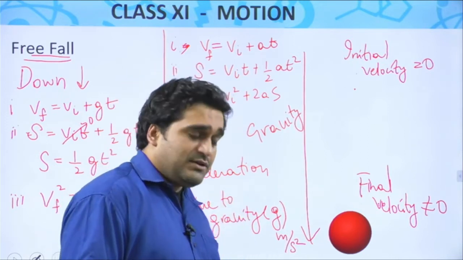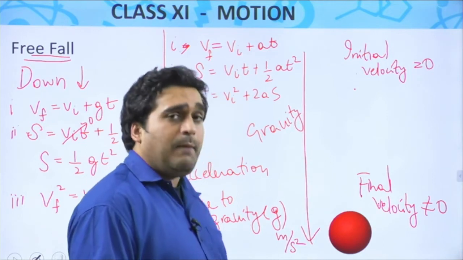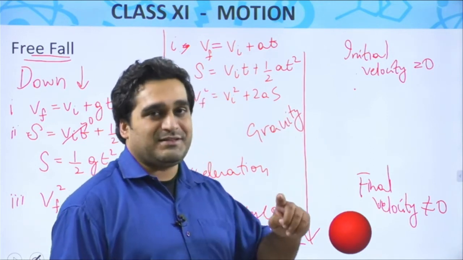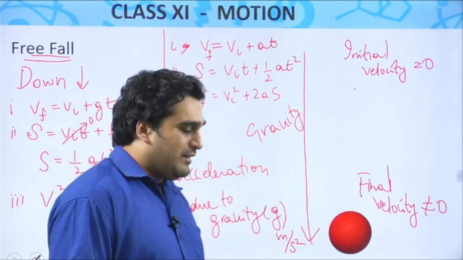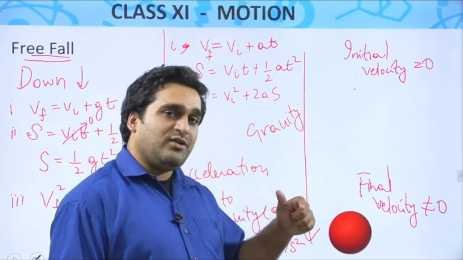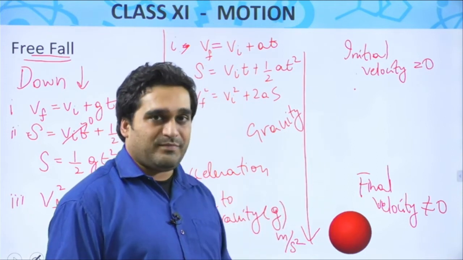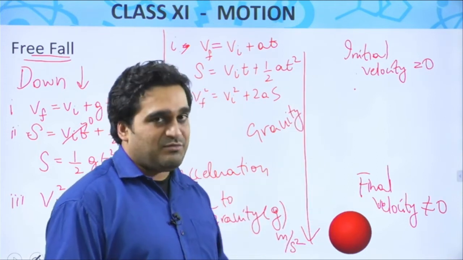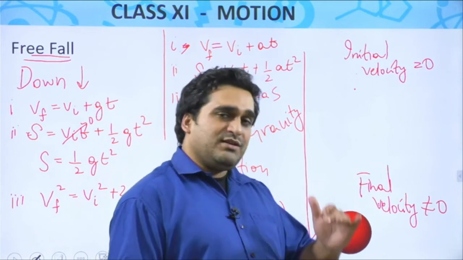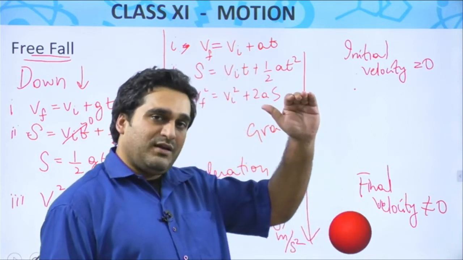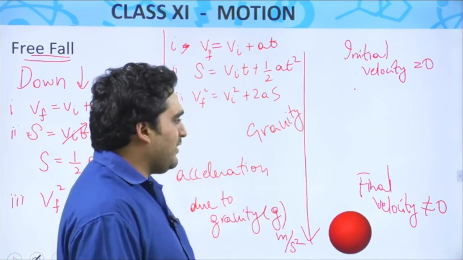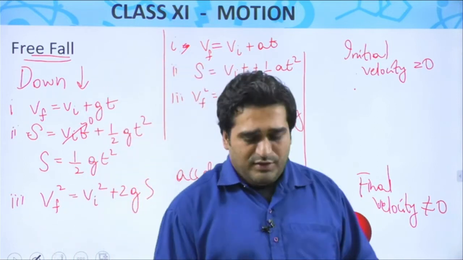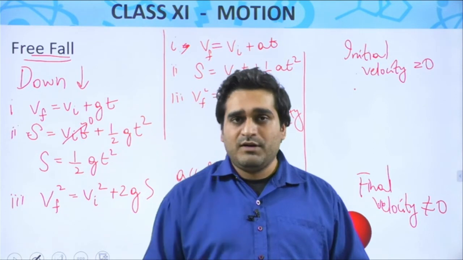But what happens if I throw the object upward? When I throw the object upward, the velocity of that object will slow down. It decreases as it moves upward, and it reaches a final point where its final velocity would be just zero. You can try this by throwing an object upward.